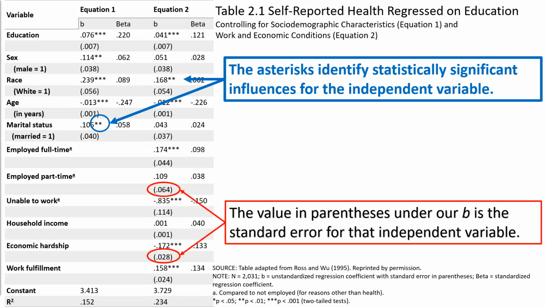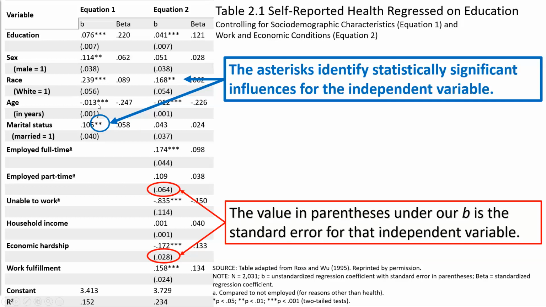Note as well that statistical significance is not the same thing as large effect. A variable can be statistically significant in terms of its impact, but that impact could be very small in unit terms. So again, we compared age 0.013 and marital status 0.105. They're both statistically significant, but the impact is a lot smaller.